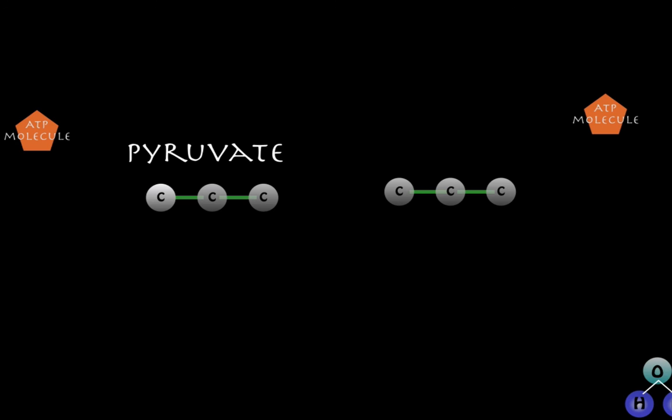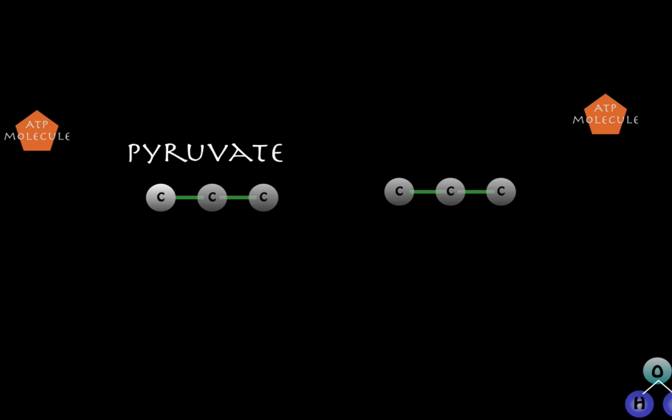Now this pyruvate molecule is small enough to go into your mitochondria. Okay, so we went from glucose to pyruvate, and that's been the whole goal of glycolysis, which is actually about a 12-step process, and each one of those steps has an individual enzyme that helps in breaking down glucose.